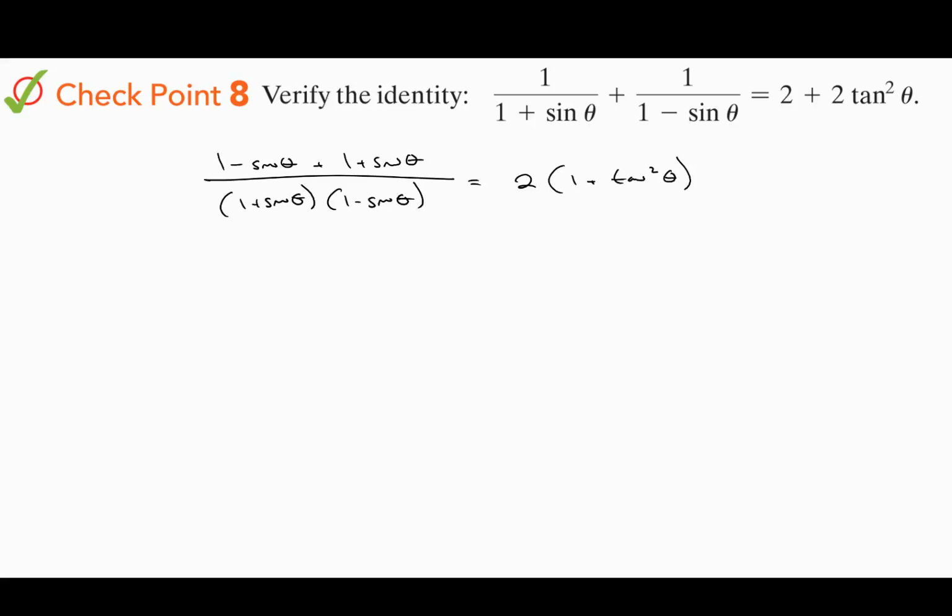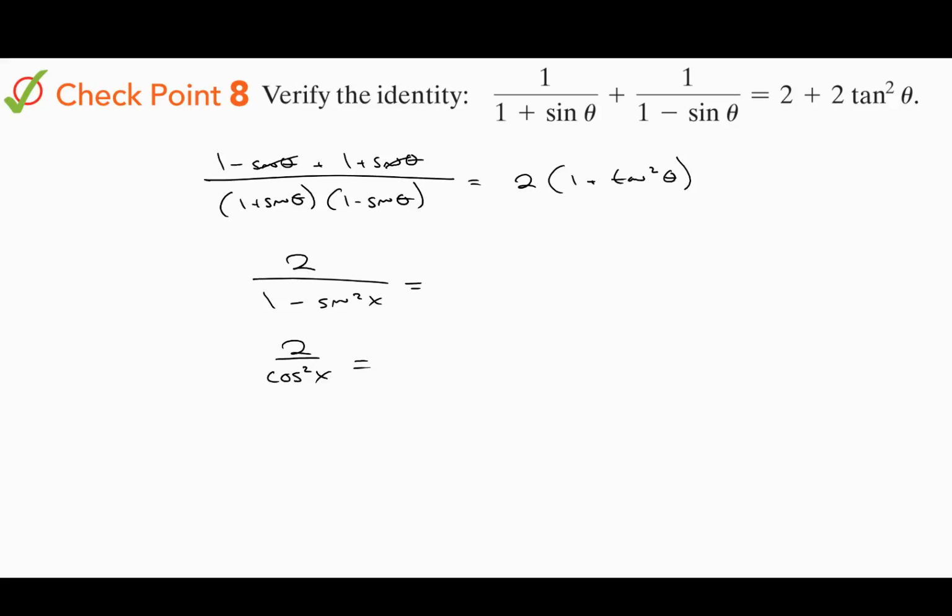Okay. 1 and 1 is 2. Signs cancel, positive and negative. Factor these, we get 1 minus the sine squared, which is 2 over the cosine squared.